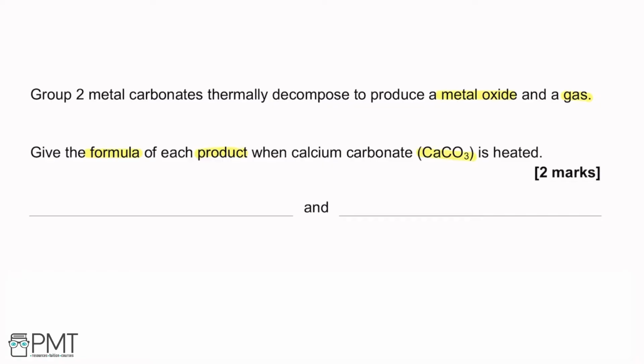So let's start by identifying the metal oxide. Here, the metal is going to be calcium, okay? And calcium is going to form a 2+ ion. And an oxide ion is 2-. So using our swap and drop method, we can say that our metal oxide is going to be calcium oxide.